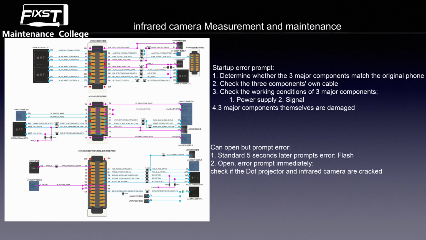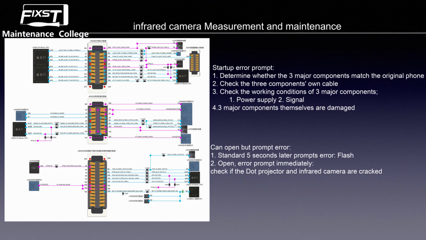And number 2 is to check whether these 3 components are on the cable. If the cable is broken, maybe we can move these 3 components to a new cable to try to repair it. And number 3 is to check the working condition of these 3 components: first is power and second is signal.